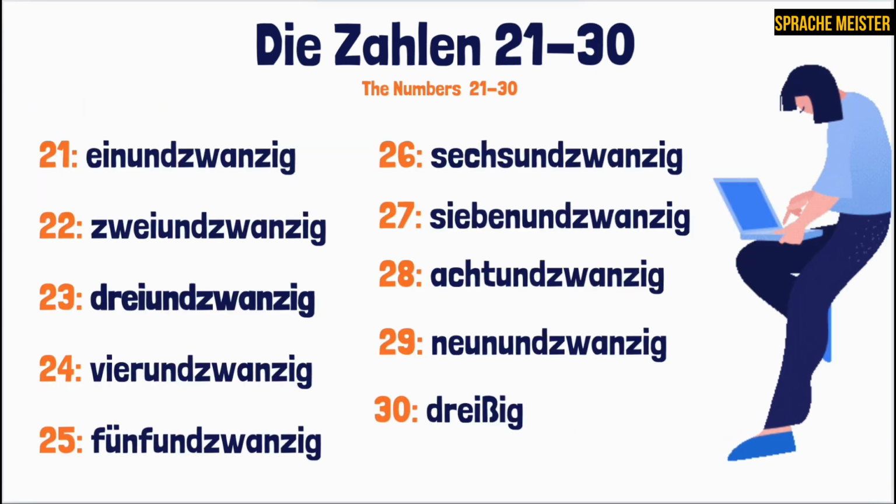The numbers from 21 to 30. 21, 22, 23, 24, 25, 26, 27, 28, 29, 30.